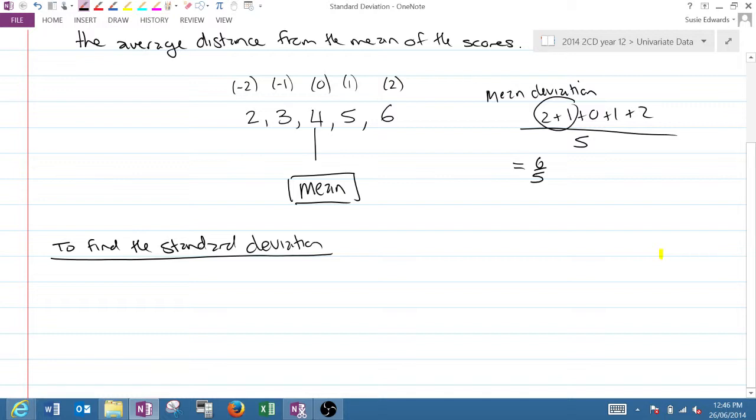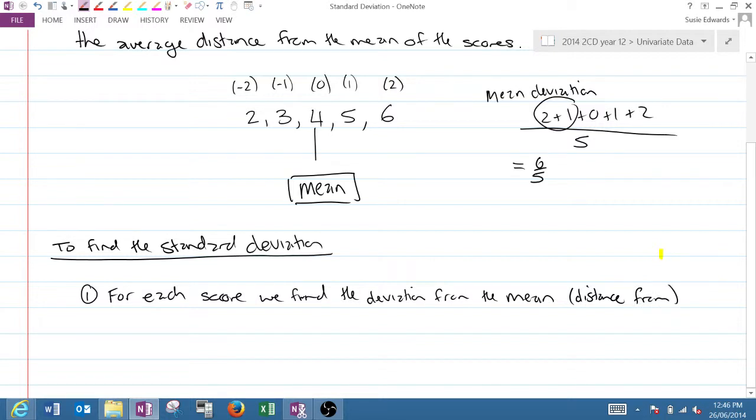So what we do to find the standard deviation is for each score, we find the deviation from the mean. Deviation just means distance from.